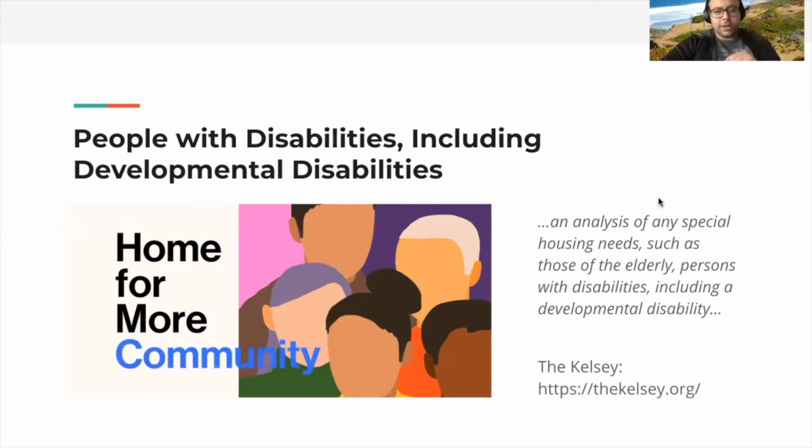"We use the word elderly in our housing element, so we're done. We don't have to talk about it anymore." You're supposed to meaningfully plan and create actionable policies and programs that help provide more housing opportunities for these special categories of people.